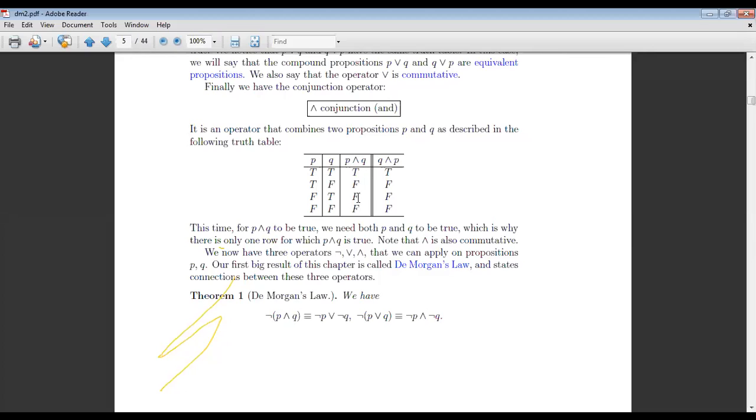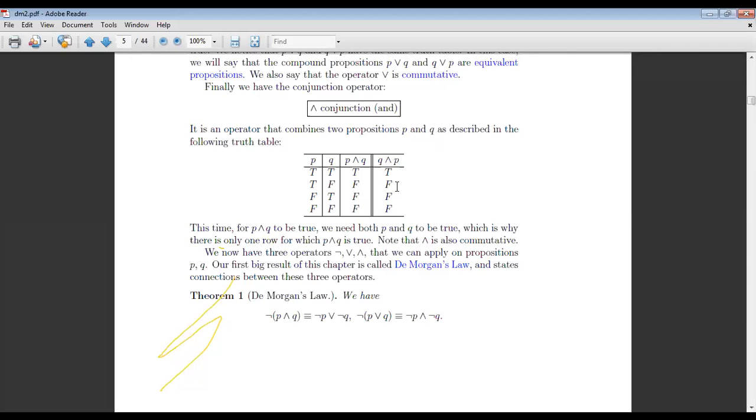In the conjunction, true comes only for T and T, others are false. You can see here TF conjunction is false, FT false, and F and F also false.